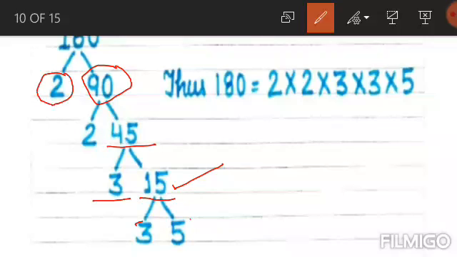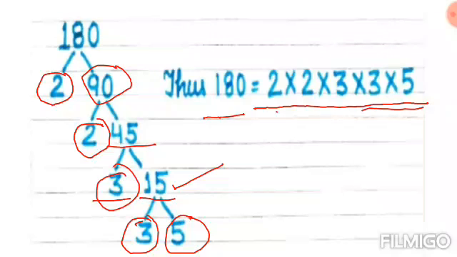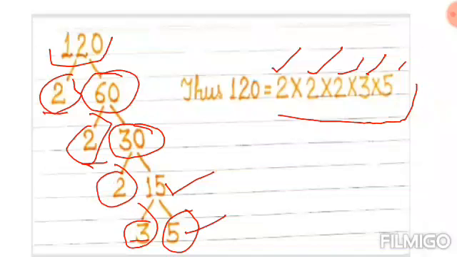Now the prime factors are 2, 2, 3, 3 and 5. We will write like this. The product of prime numbers is equal to 180. And we will write the product of prime number in ascending order.